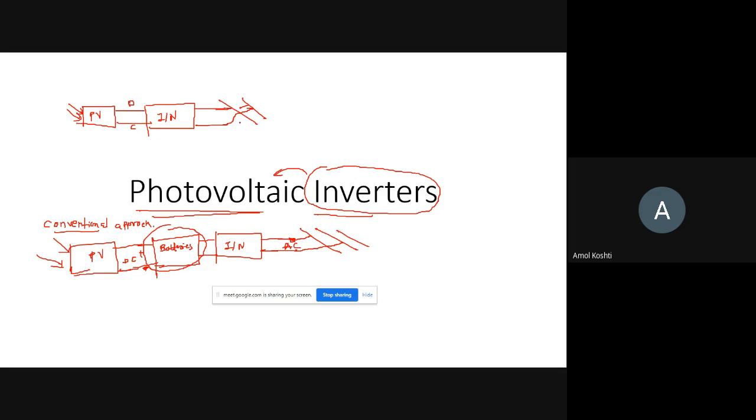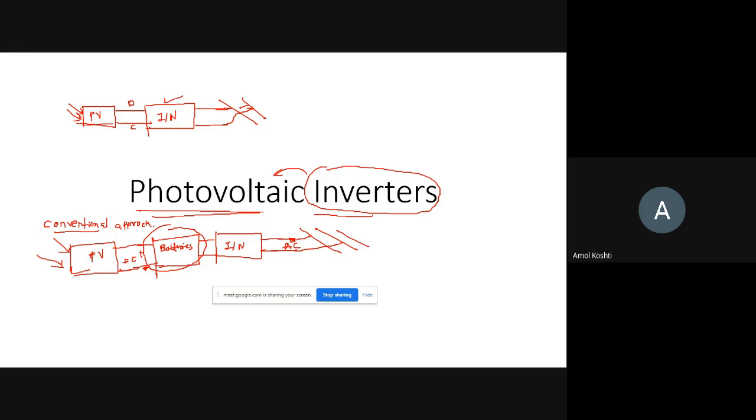In this way. The design of this inverter is different from the inverters we use in drive applications or any other application. The inverter specifically used for PV is different.